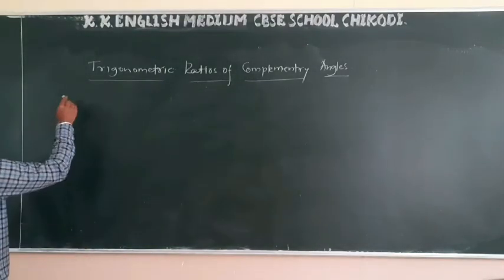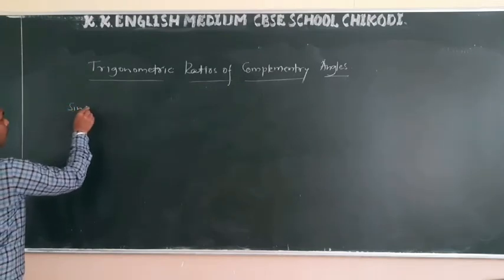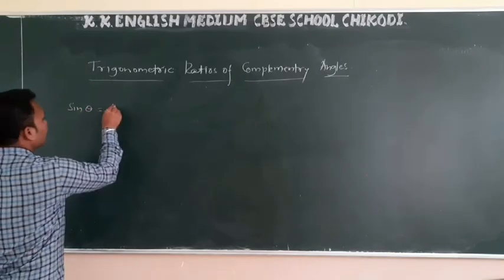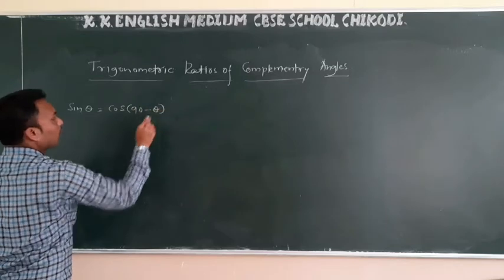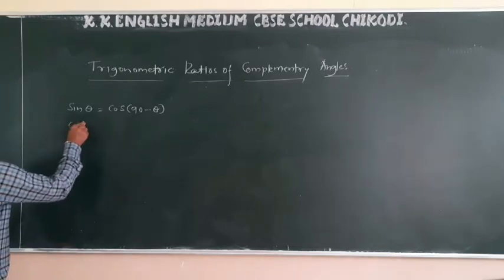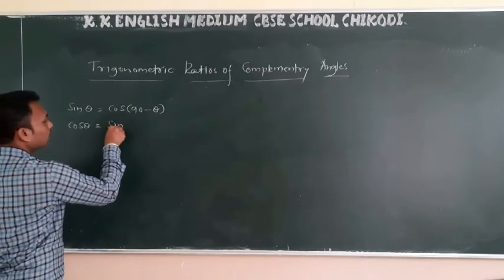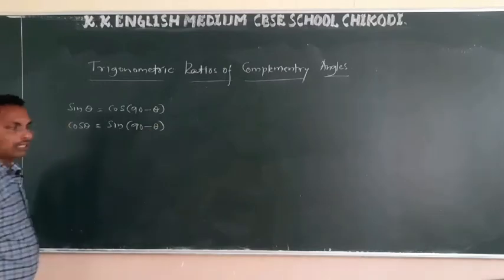So very first thing, the complementary angle of sine of theta, we can write this as cos of 90 minus theta. Now cos of theta is nothing but sine of 90 minus theta.